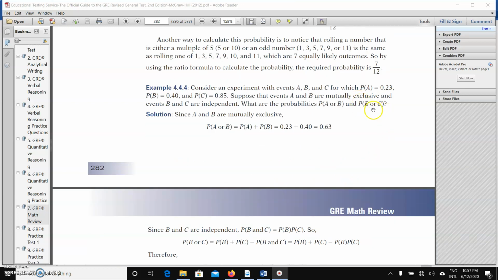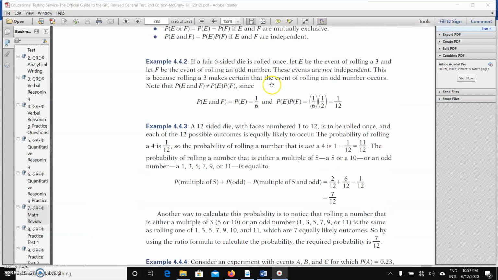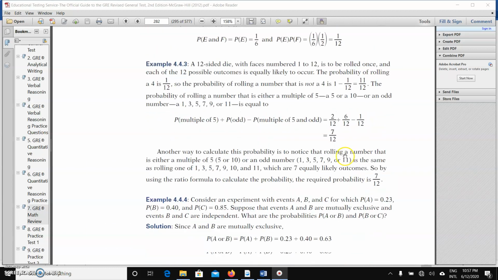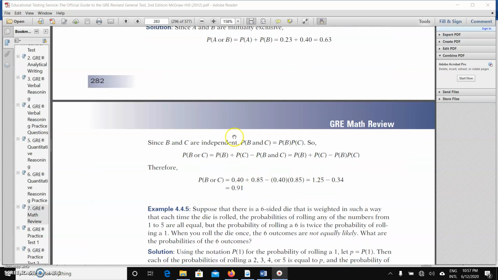But for the second one, B and C, they are independent. It means that the third value will be there. That means I'm going to use this first formula: P(B) plus P(C) minus P(B and C).